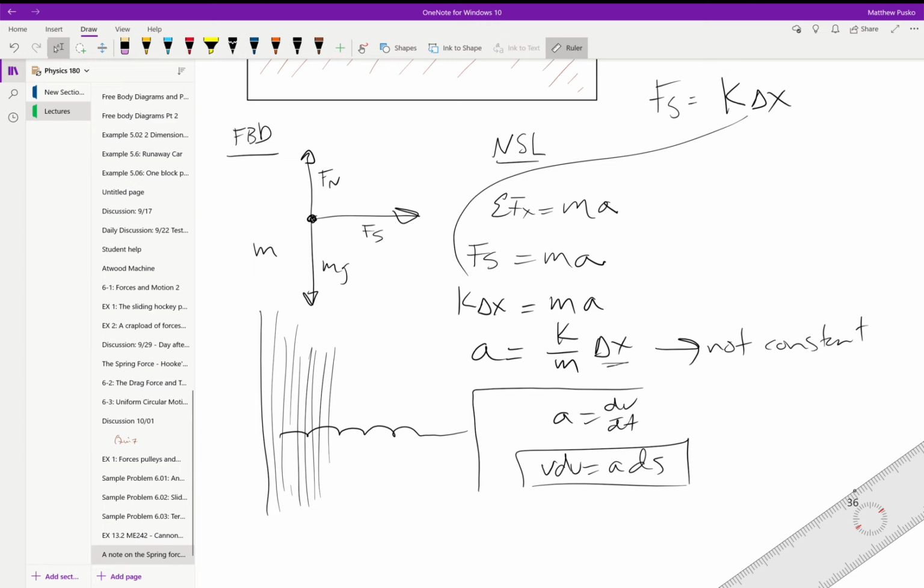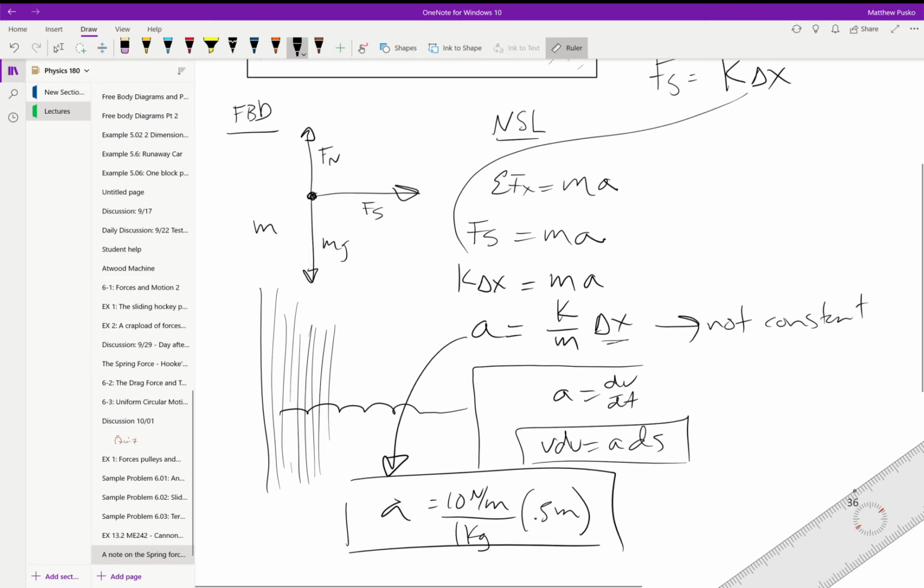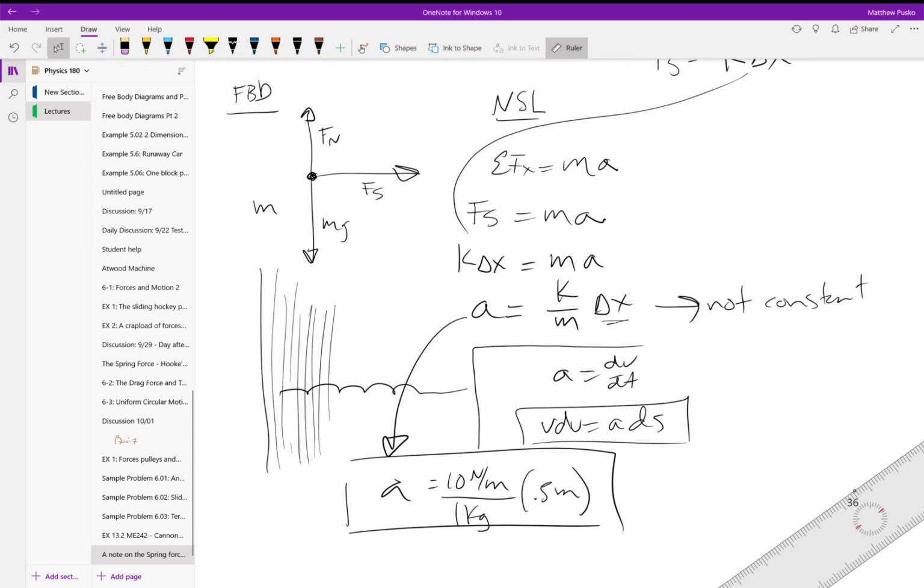I could still say, okay, if k was equal to 10 newtons per meter and the mass equaled 1 kilogram and we stretched it 0.5 meters, we can still get a value for the acceleration, right? But we cannot use that value to figure out its velocity 2 meters later.